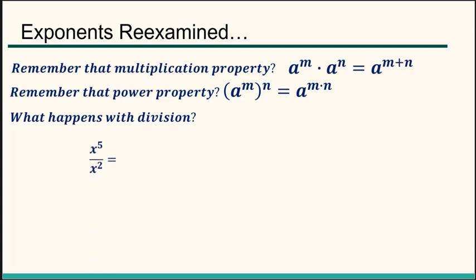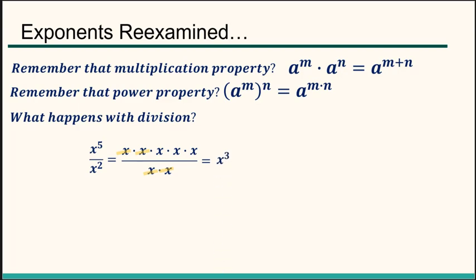Well, if we have x to the fifth over x squared, then it's the same as writing x times x times x times x times x all over x times x. All right, so what happens is that two of those x's on top cancel with two of the x's on bottom, leaving me with three x's, or x to the third.